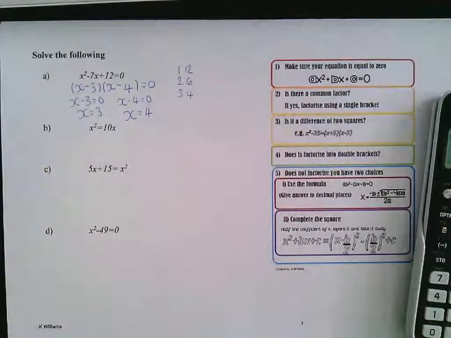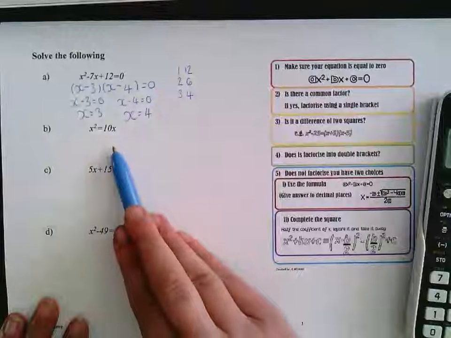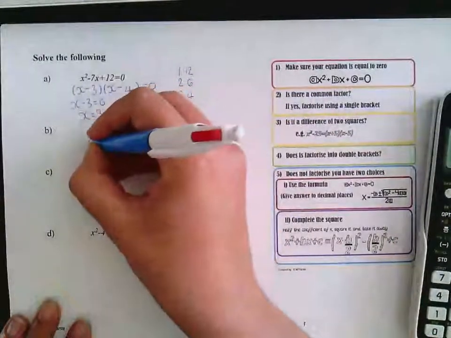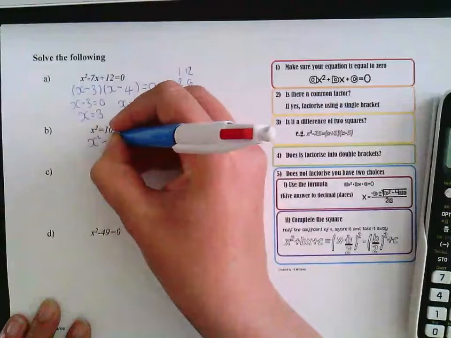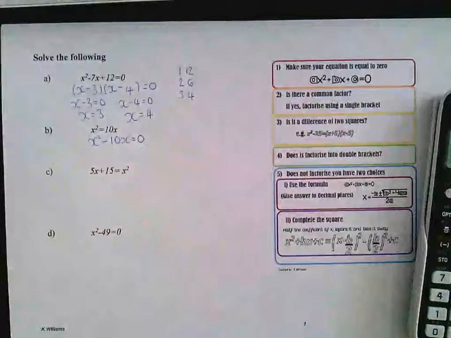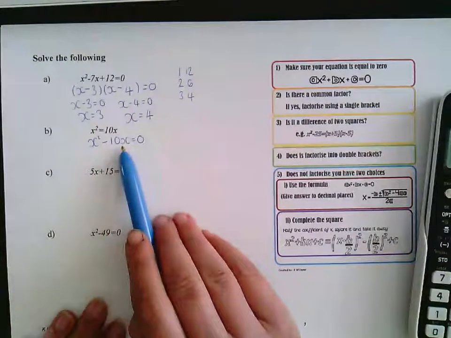Let's have a look at the next one. Does our equation equal 0? No. Okay, I like to keep the x squared positive, so I'm going to take away 10x from both sides. I now have it equal to 0. Okay, step 1's done. Step 2, is there a common factor? Let's have a look.